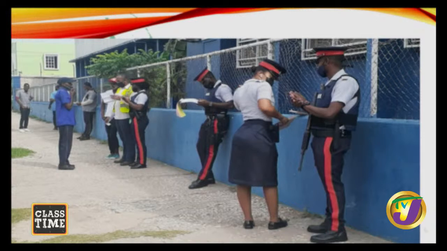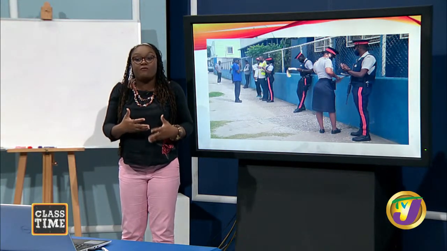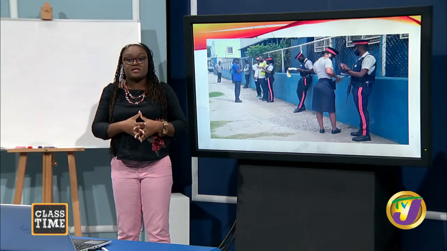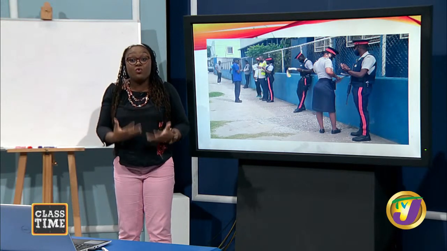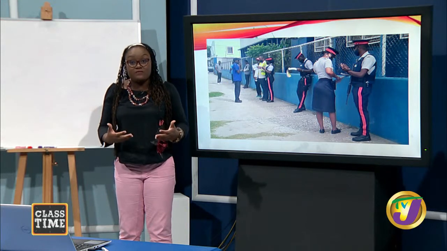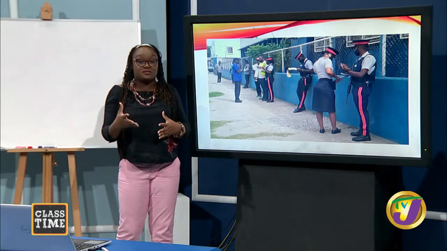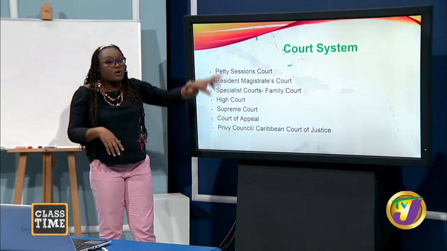And we're talking about laws, or the supreme law, the constitution, that determines how we operate in the society and the establishment of the basis of our society. We're talking about human rights, the UN Declaration of Human Rights that we signed on to from 1948. All of these come under what we talk about as the justice system. We can only scratch the surface today, students. So we talk about the court system.